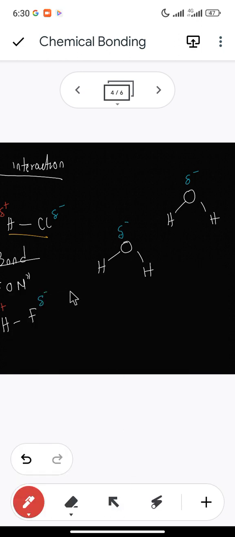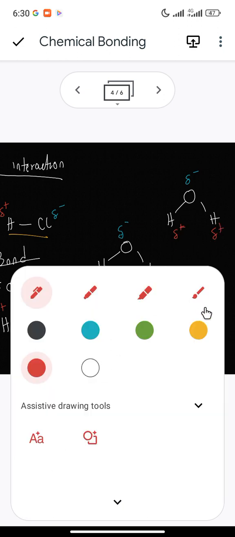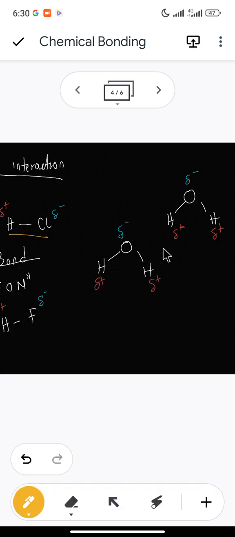Now the hydrogen is going to be electron deficient, so it's going to be slightly positive. And so there's going to exist a bond between oxygen and hydrogen, because this is negatively charged and this is positively charged. Now this bond is between hydrogen and oxygen. Remember we said FON. So if it's between either fluorine, oxygen, or nitrogen, it is no longer a normal dipole-dipole interaction. It is a hydrogen bond.